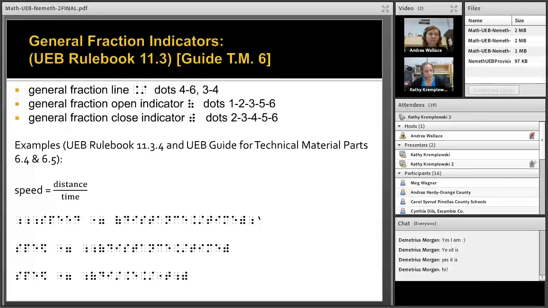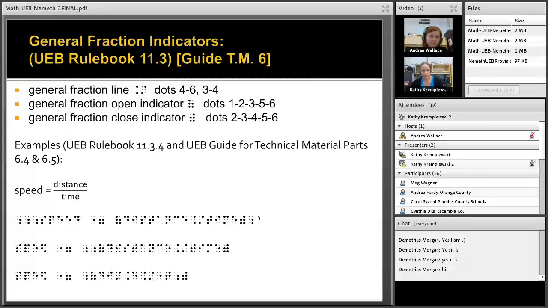Okay, and then now this one I've added in because I wanted to show on page 7 in section 1.7.7 in the guidelines for technical materials, it had all of these listed. And so if you look, we've got speed equals distance over time. There's 3 different ways that you can write that. The first one, because if we remember, a passage is 3 or more symbol sequences.